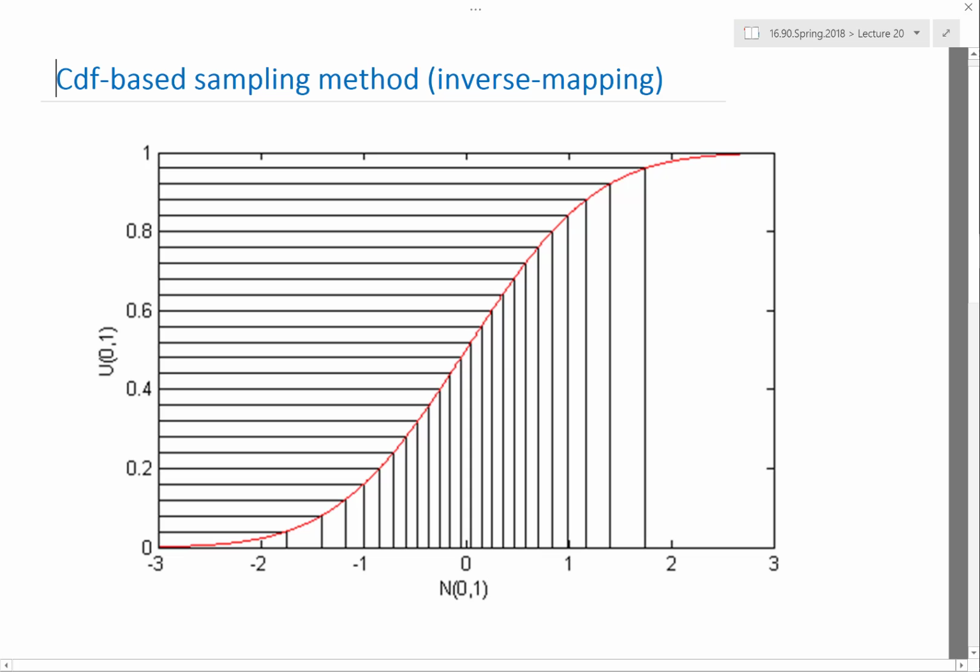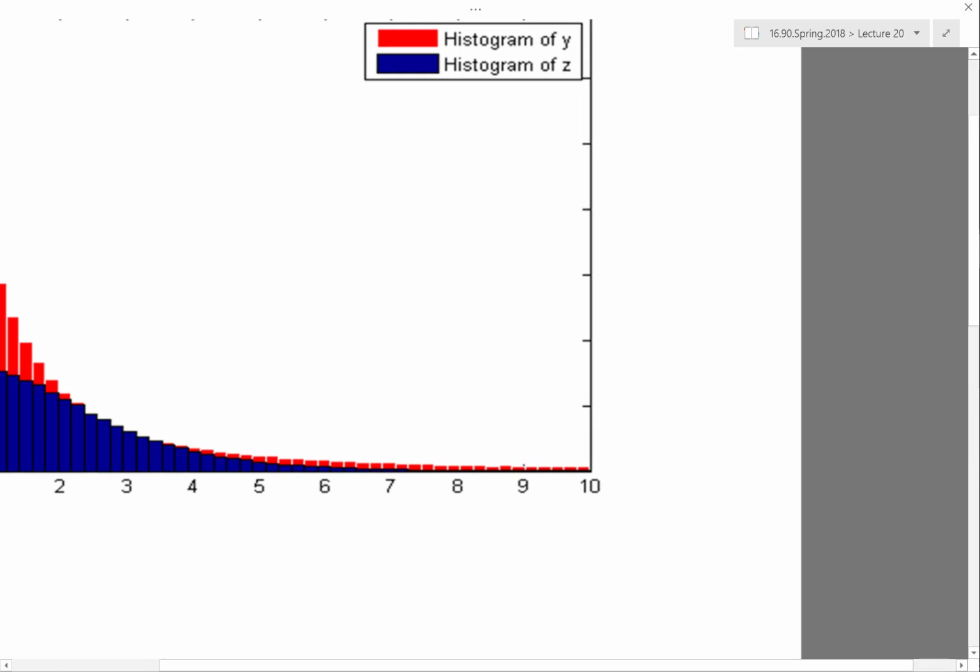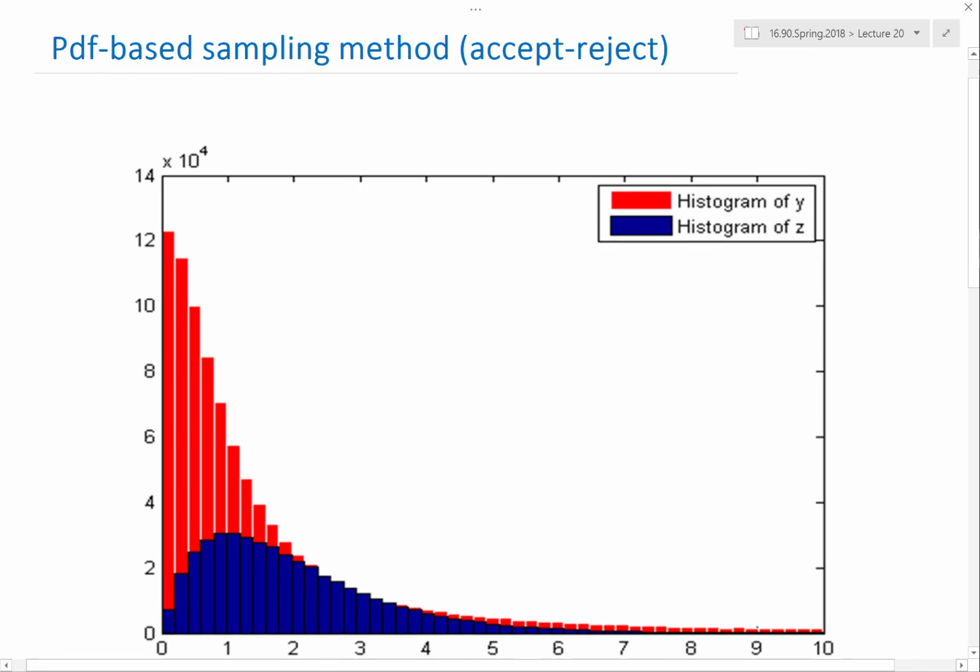Another way we learned how to perform sampling is the PDF-based sampling method. And here, we want to talk a little bit more about that, which is that you can actually combine these two methods. Imagine you have a PDF that is very hard to transform into a CDF, but it is also not very suitable for an acceptance-rejection based method out of a uniform distribution.